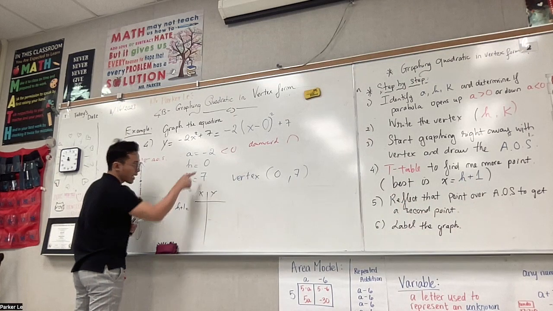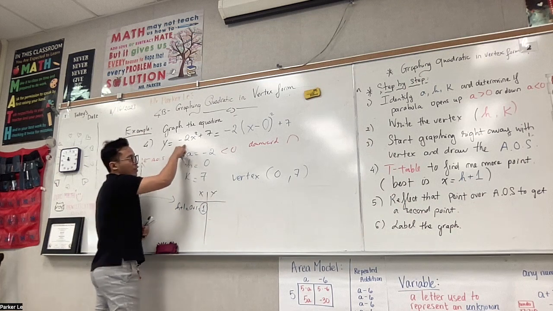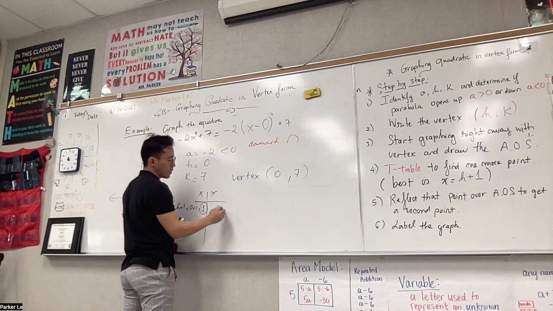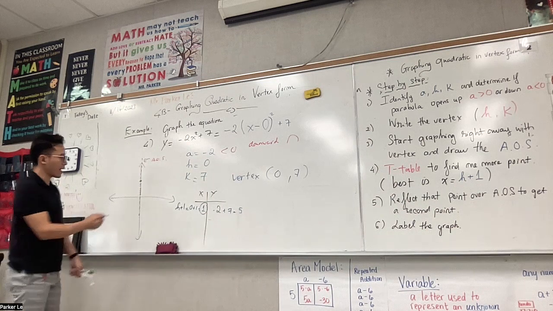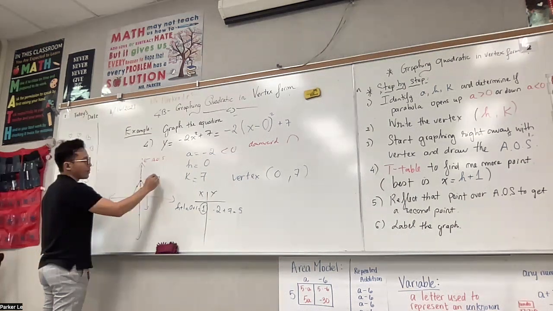So the best number is 1, because I know for sure this is going to be 1. I have negative 2 plus 7, and that is 5. Okay, my extra point is 1, 5. 1, 2, 3, 4, 5. 5 right here. I'll reflect over the AOS, right here, and label it.